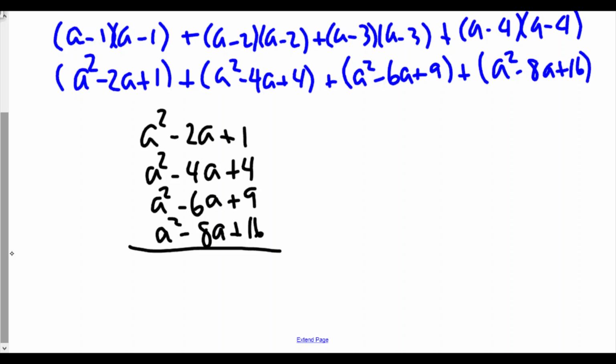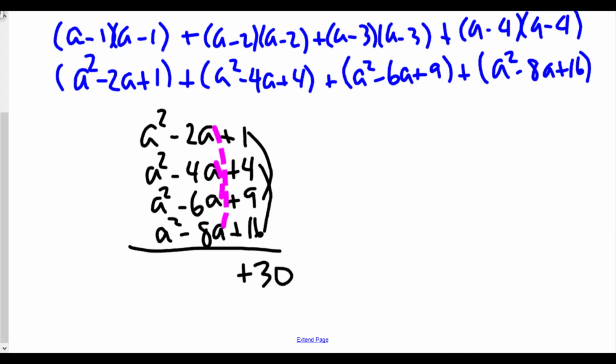So add 1 plus 4 plus 9 plus 16. I know that 4 plus 16 is 20, and 1 plus 9 is 10, so I get plus 30. And then I've got negative 2 plus negative 8, which is negative 10, and also negative 4 plus negative 6, which is negative 10.